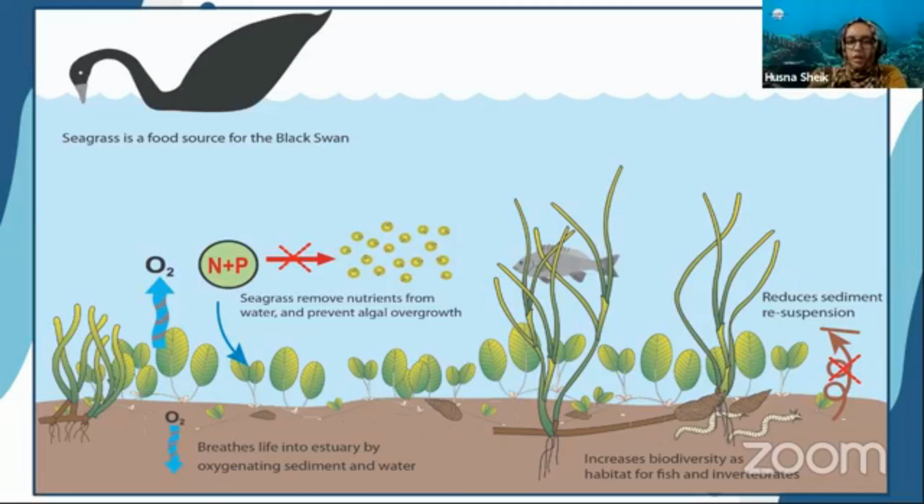When algae bloom in the water column, they block light penetration into the water. So seagrass helps in removing these nutrients from the water, and also prevents algal growth.